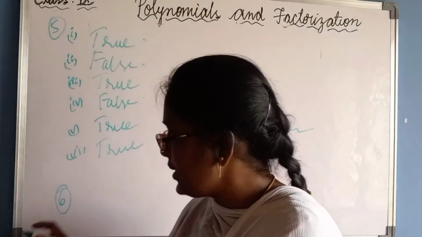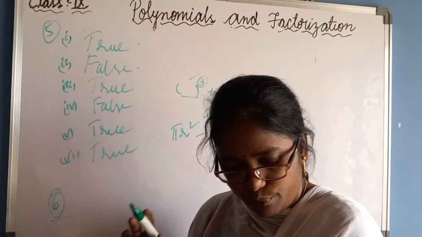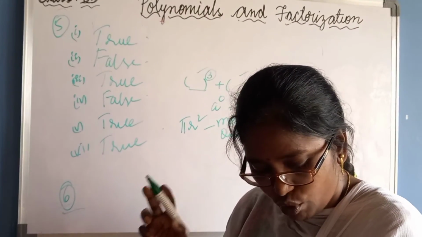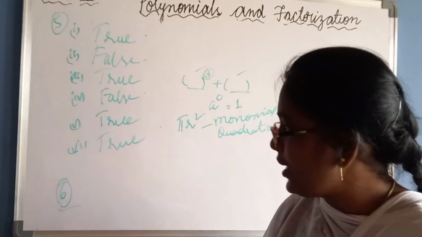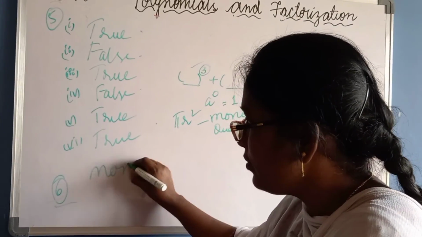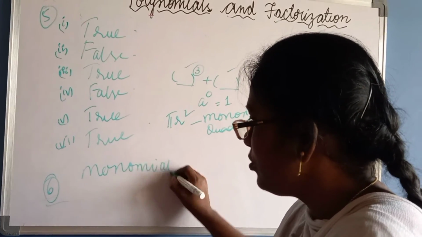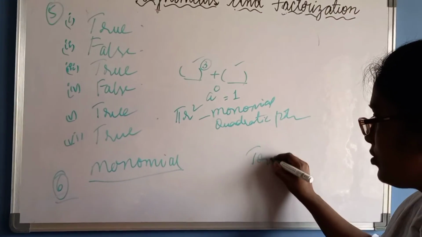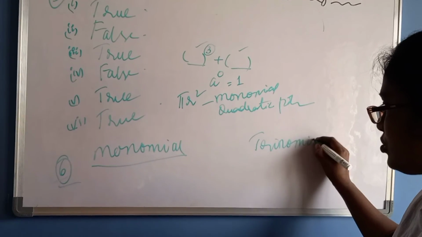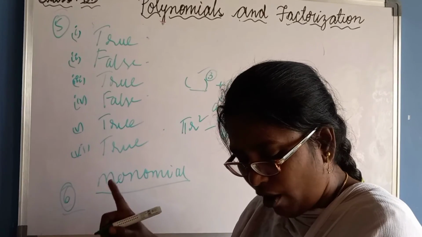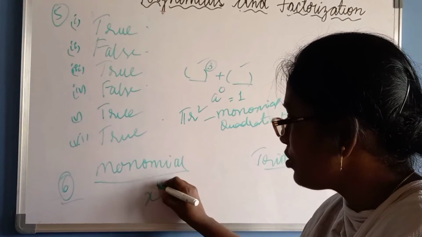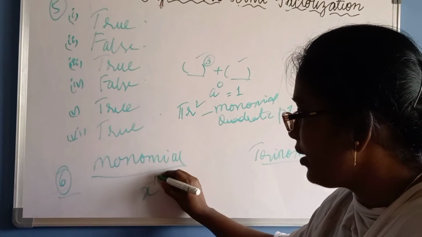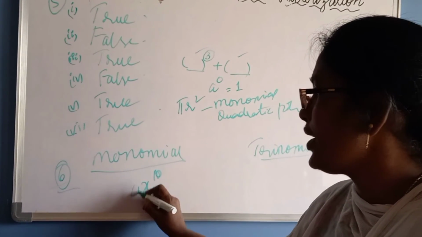Now coming to the sixth one, give one example each of a monomial and trinomial of degree 10. So monomial, we can write x to the power of 10 or y to the power of 10, and we can add some 4x to the power of 10.